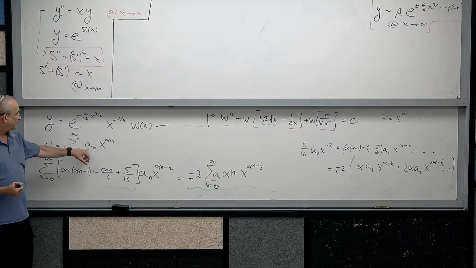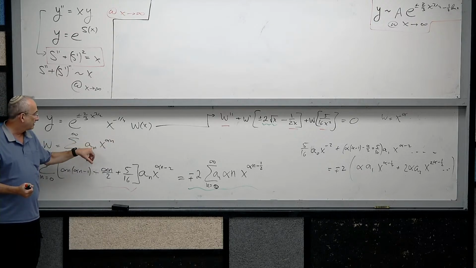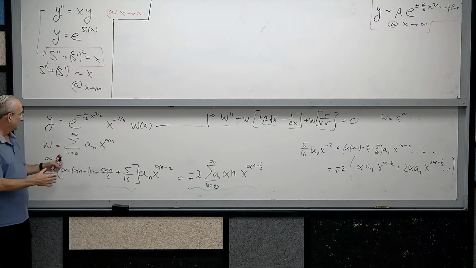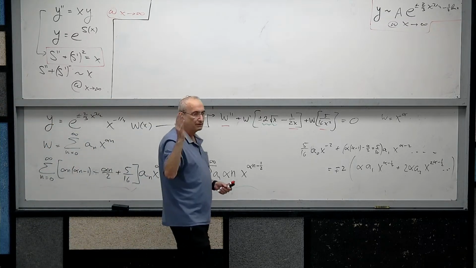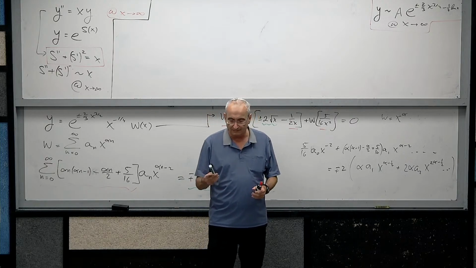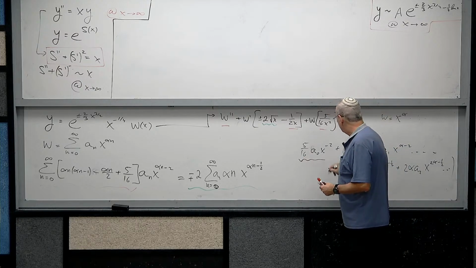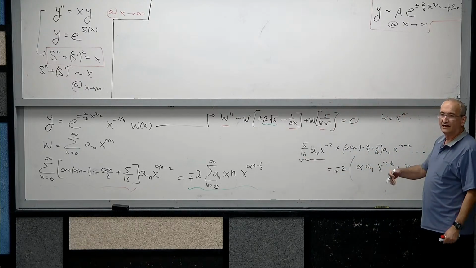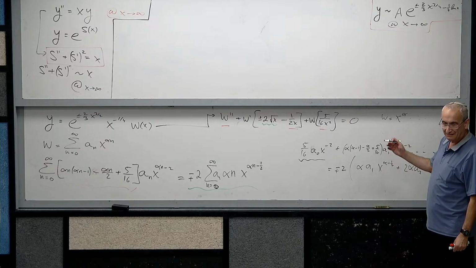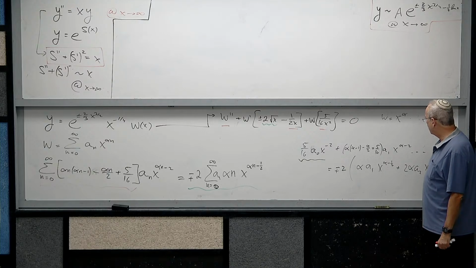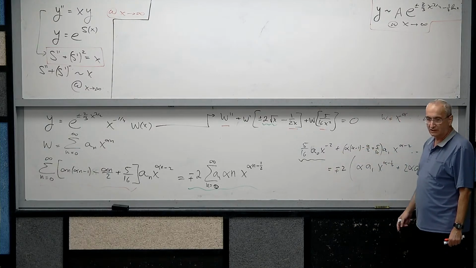And if the n equals 0 term vanishes, then you can choose alpha in a way that another n will give you 0. So you can always assume that a0 is 1 without loss of generality. So for this term, I cannot say a0 is 0. I must assume that a0 is something, and now the question is, which term will balance this one?